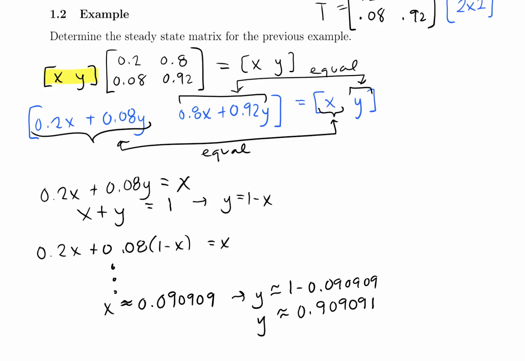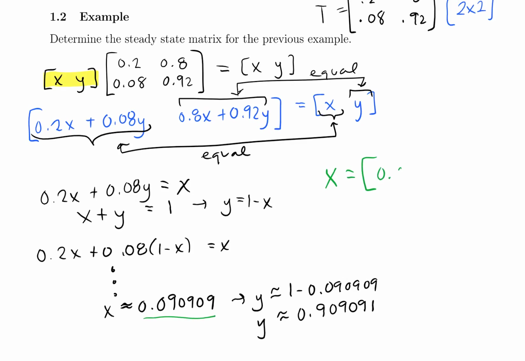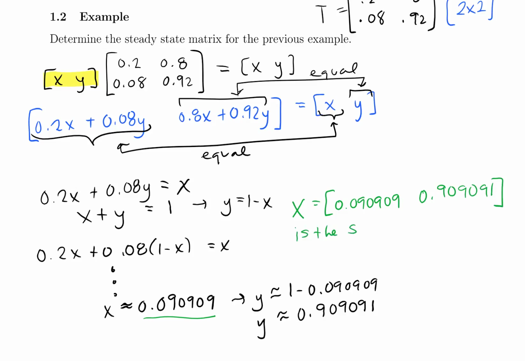And so we can say that our steady state matrix, x, has a first entry of 0.090909. I'm going to run out of room, so let's rewrite this. x equals (0.090909, 0.909091) is the steady state matrix. So this is the steady state matrix for this system.